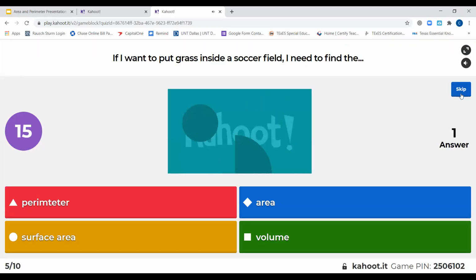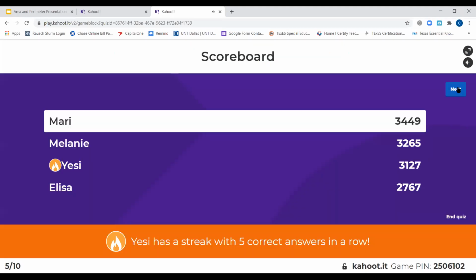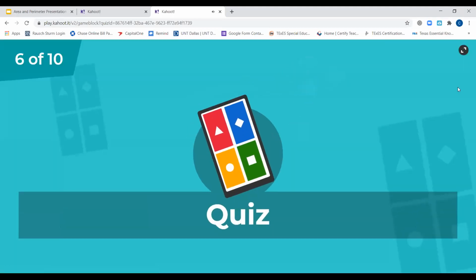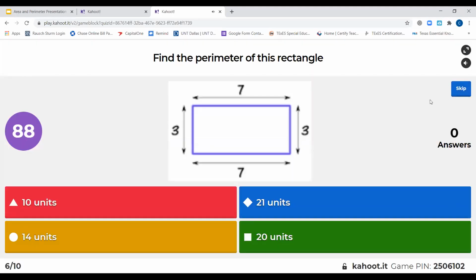If I want to put grass inside a soccer field, the keyword is inside. Awesome. The perimeter is outside and the area is inside. She said we have 3 minutes left. Okay. Find the perimeter of this rectangle.